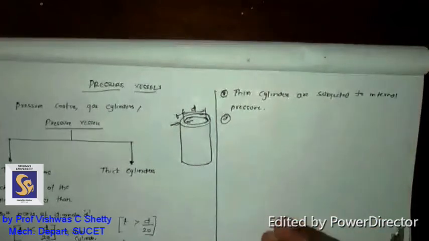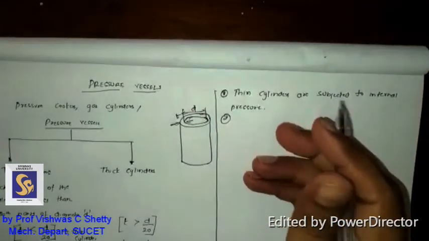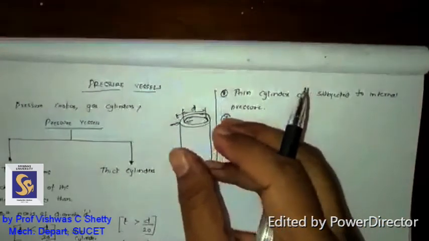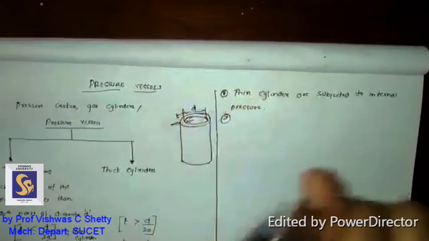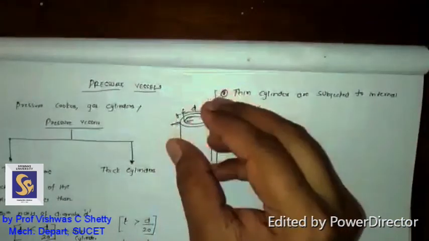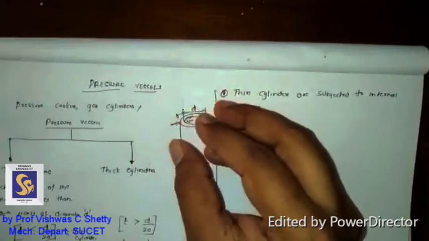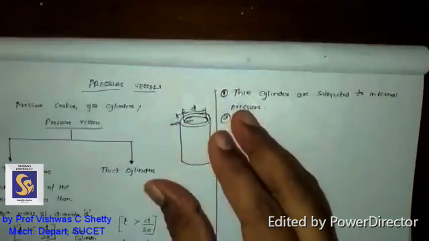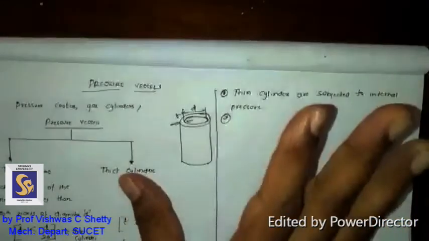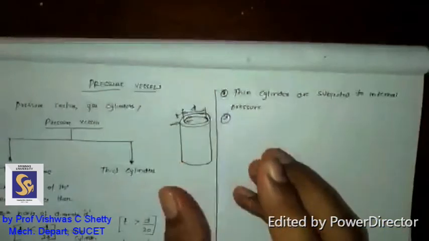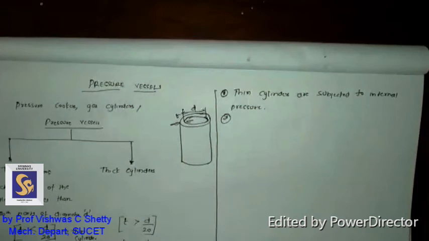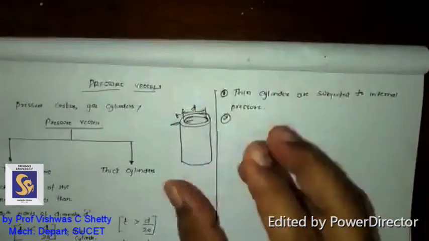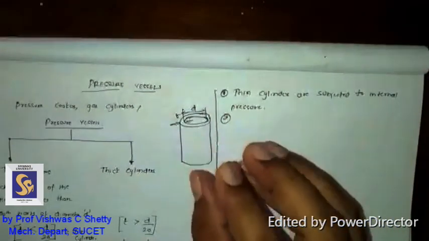So we are interested in finding out the stresses, because we should design the cylinder, meaning we should know the internal pressure. For this much amount of internal pressure, the cylinder should not fail, correct? Say for example your gas in the kitchen: the cylinder thickness or the cylinder design should be right enough to hold the pressure of the gas inside.